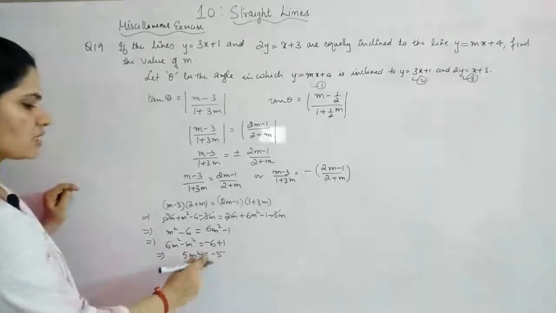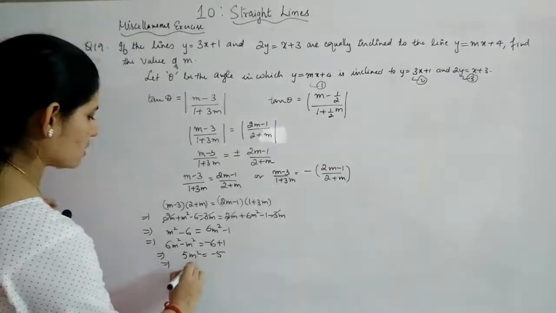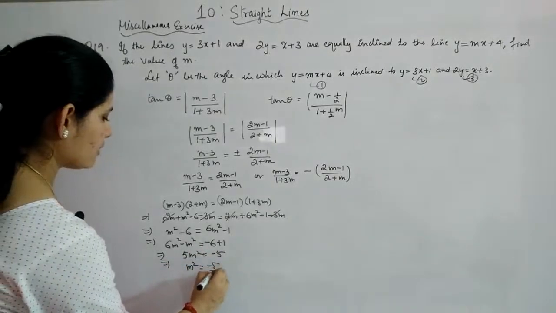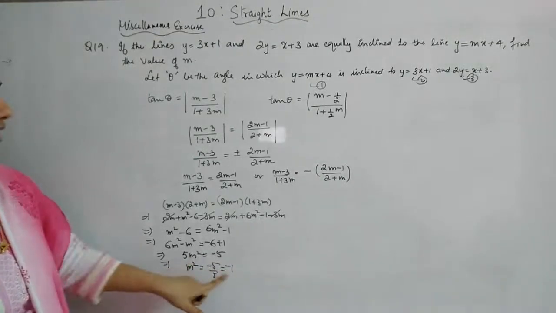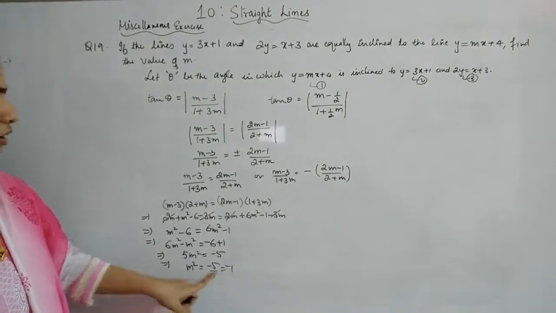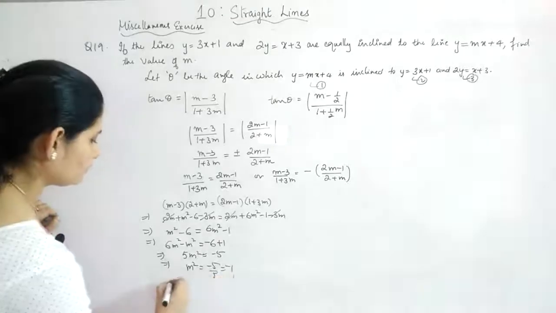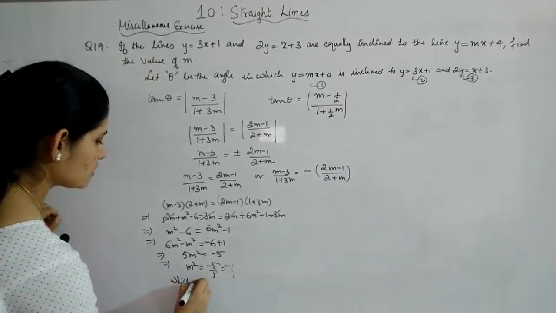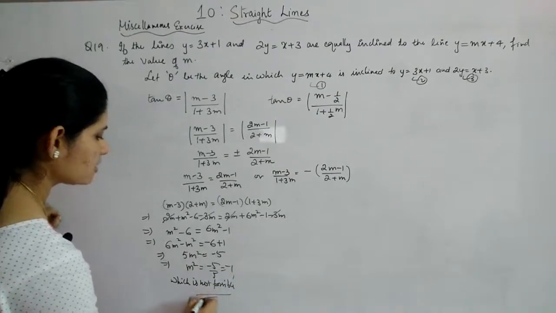So 5m square is equal to minus 5, or m square is equal to minus 5 by 5, which is minus 1. So you are getting the square of something as negative 1. Is it possible? No. It will give you a complex number, or you can say that it is not real. Therefore, this is not possible, so here it stops.